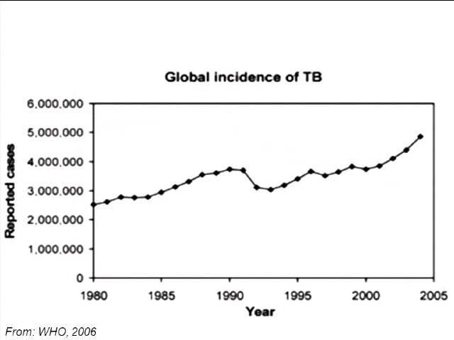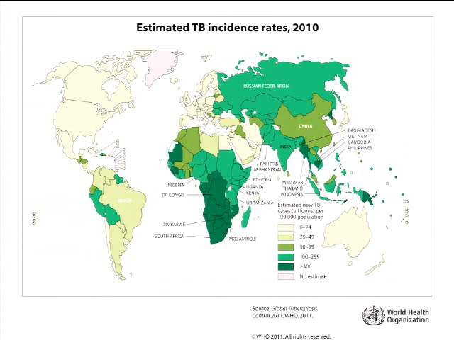I only have data from 2006 here from World Health Organization. But there are presumed to now be well over, today in 2013, well over 6 million cases worldwide. So the global incidence has gone up a lot. HIV, again, has a lot to do with this. If you look at the estimated TB incidence rates, this is 2010 data. The lighter green have the lowest rate per 100,000 people.